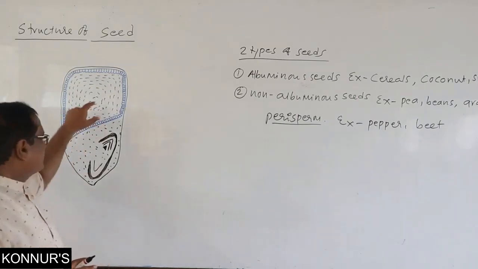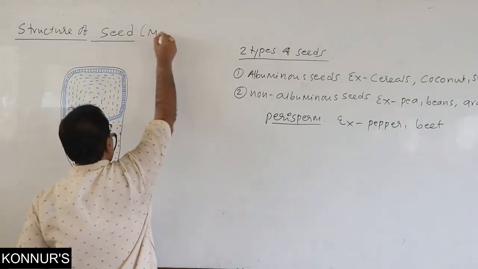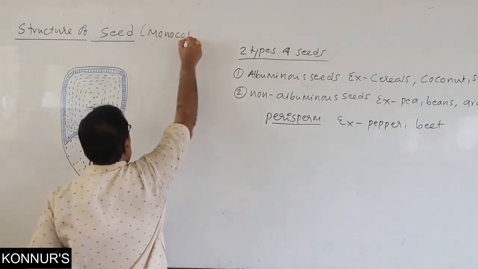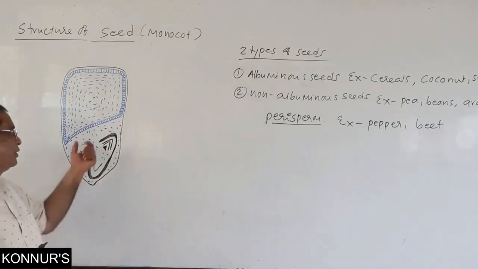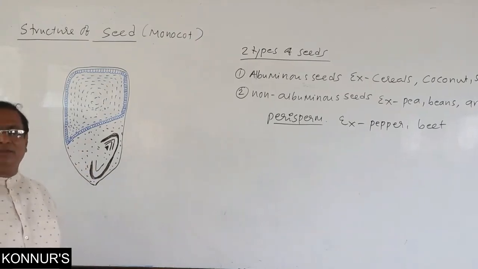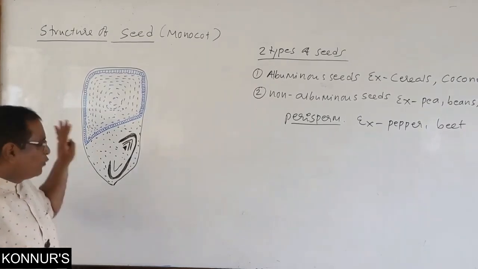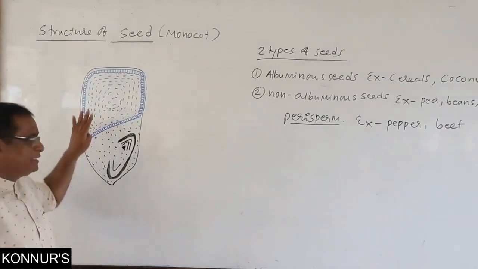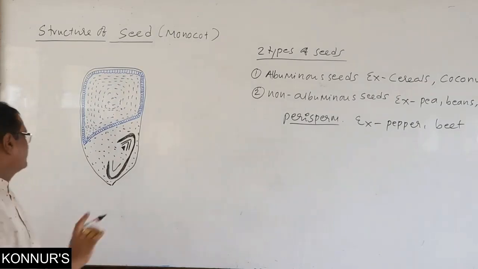And the structure which I have drawn is a monocot seed from cereals, and this seed is a single seeded fruit also, because the seed is there in a fruit, a single seed in a single fruit.